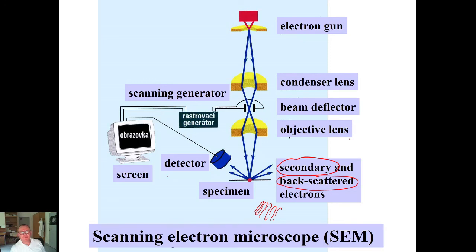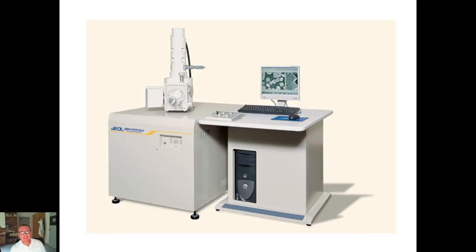So there isn't again any eyepiece, but the picture is only electronic and it's only visible on screen. It is a photograph of a scanning electron microscope. Unfortunately, we haven't got it here, but you can see at least its picture, and this is the last picture of this lecture.